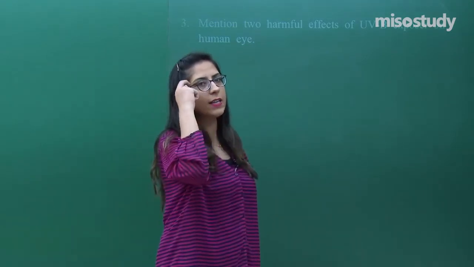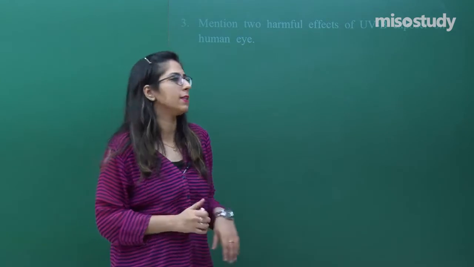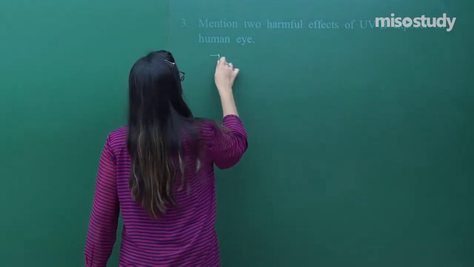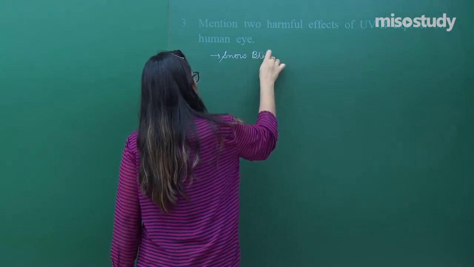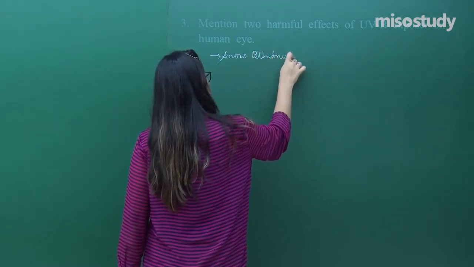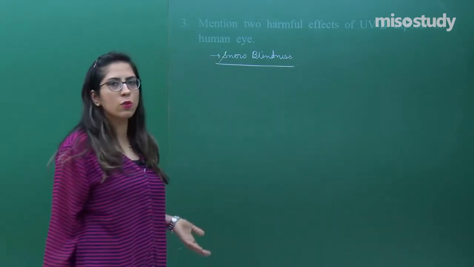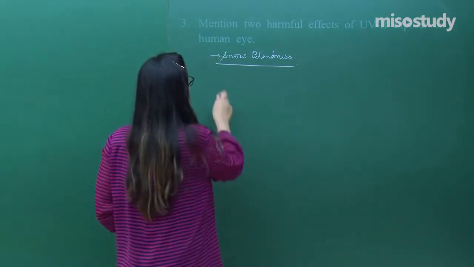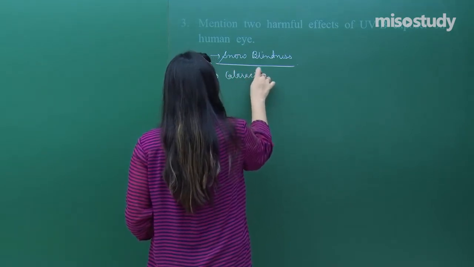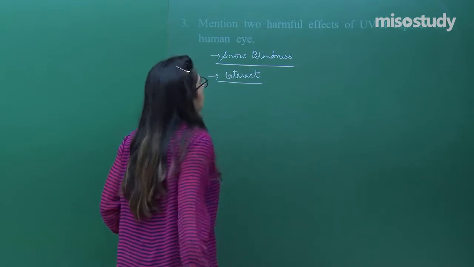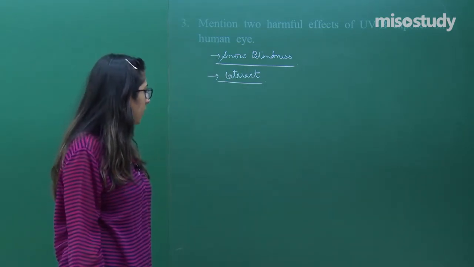When these ultraviolet rays fall on the cornea of the human eye, they cause snow blindness, and they also cause cataract. These are the further consequences of UVB exposure.